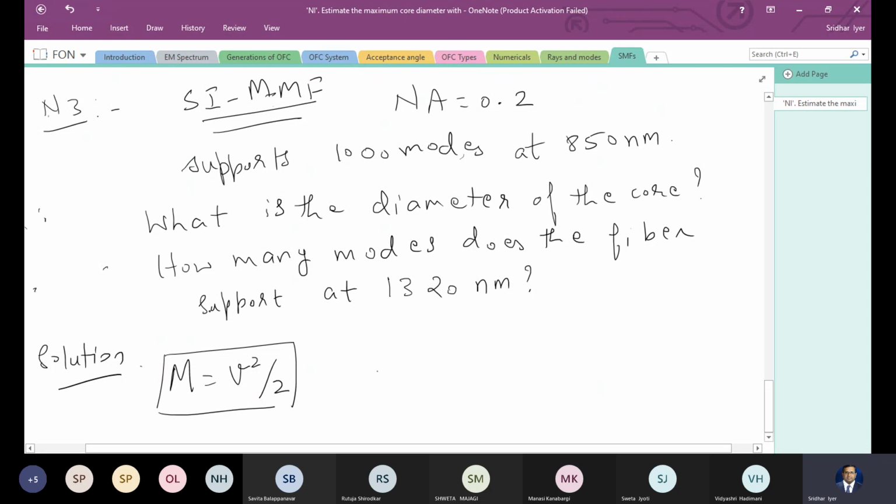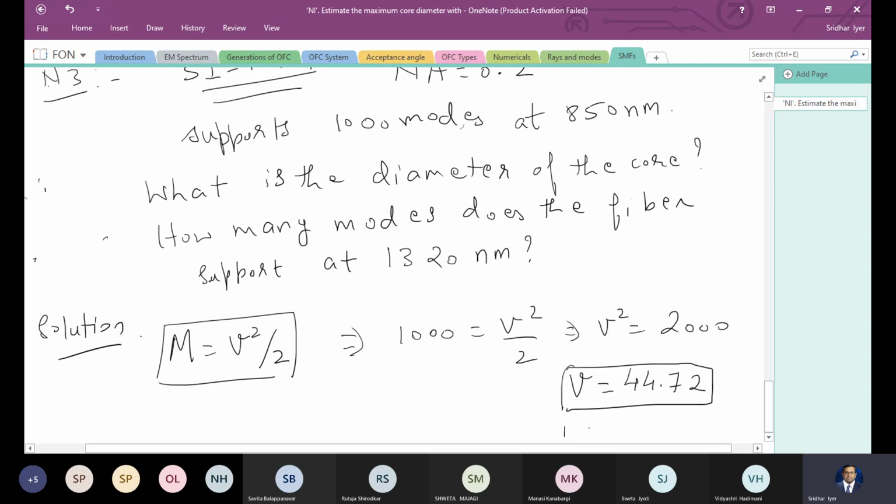Now what else are we given? That the number of modes is 1000, which implies that 1000 will be equal to V square by 2, which implies V square will be 2000. Therefore we'll get the value of V by finding the square root, and that value is about 44.72. So from the number of modes, we are able to calculate the value of V number, right?